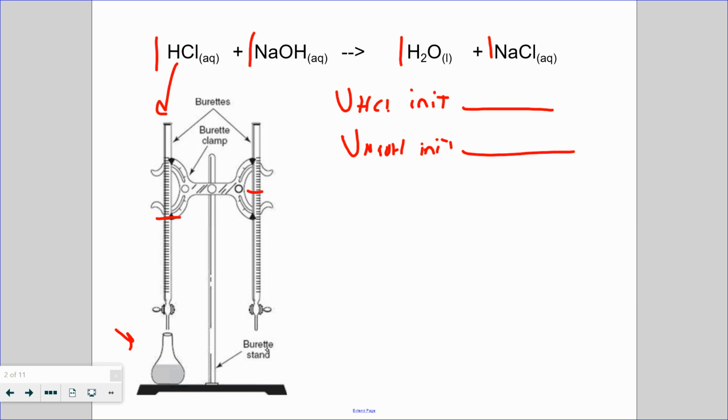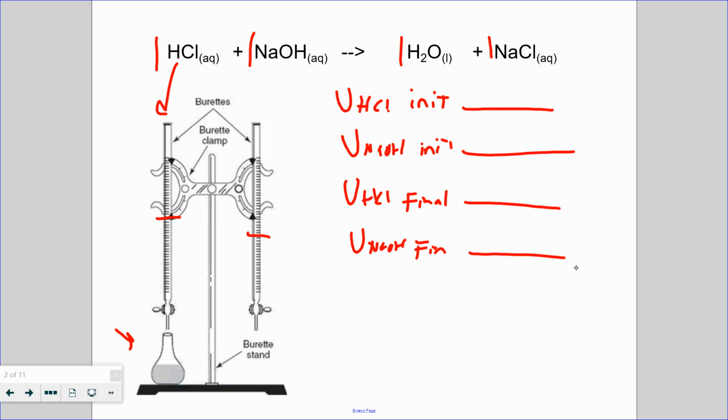And once I get it to the equivalence point, let's say it's down here, then I'm going to read the volume of the HCl finally, and I'm going to read the volume of the NaOH finally when it's at the equivalence point. And so those are the 4 pieces of data that I need, and I'll show you guys how to use them here in just a second.